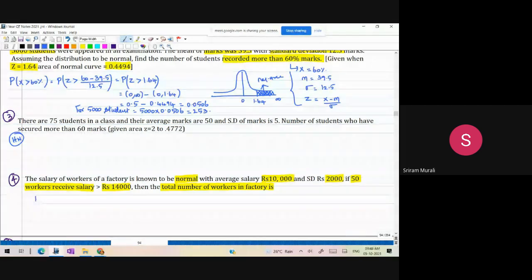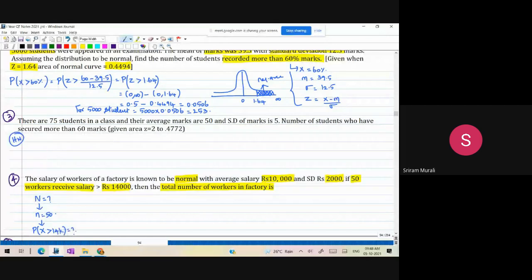The capital N means the total number of workers to be found. From the capital N, I take some 50 workers as a sample. His salary exceeds 14,000. What is the probability? In 50 workers, I take one worker, his salary exceeding 14,000 means what is the probability? You are given the mean as 10K, SD as 2K.